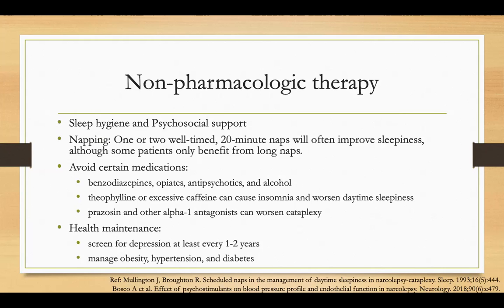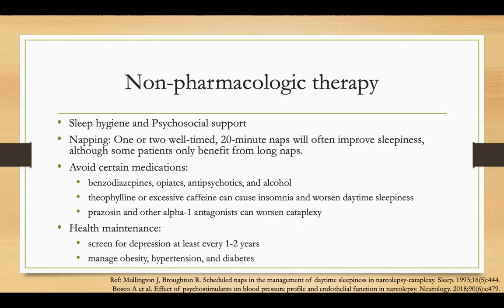One or two well-timed 20-minute naps will often improve sleepiness, although some patients only benefit from long naps. Also avoid certain medications, including benzodiazepines, opiates, antipsychotics, and alcohol. Theophylline or excessive caffeine can cause insomnia and often worsen daytime sleepiness, and also prazosin and other alpha-1 antagonists can worsen cataplexy.